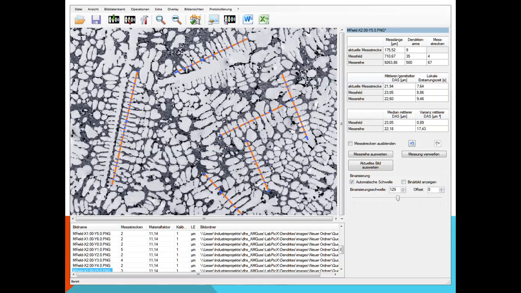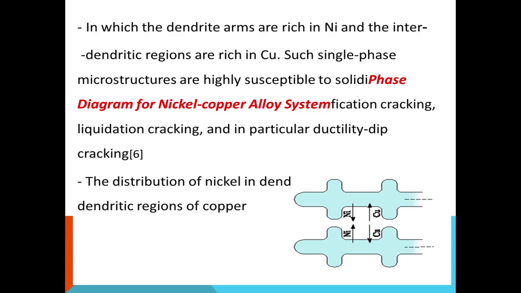This program software can be used to determine the dendritic arm spacing for copper-nickel alloys and other materials, which show a dendritic structure in which the dendrite arms are rich in nickel and the interdendritic regions are rich in copper.